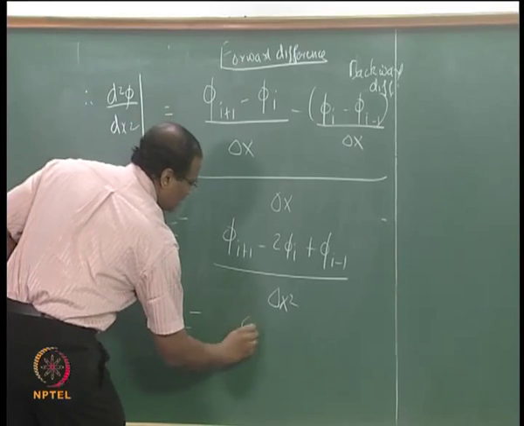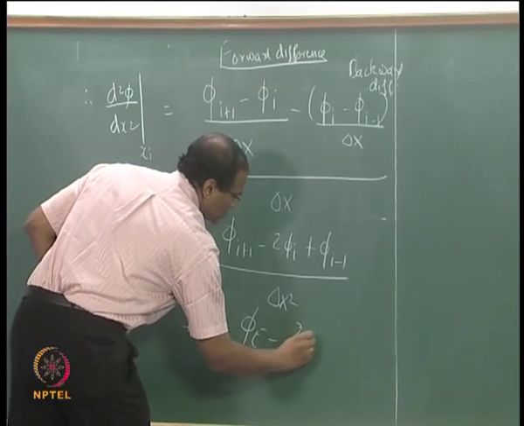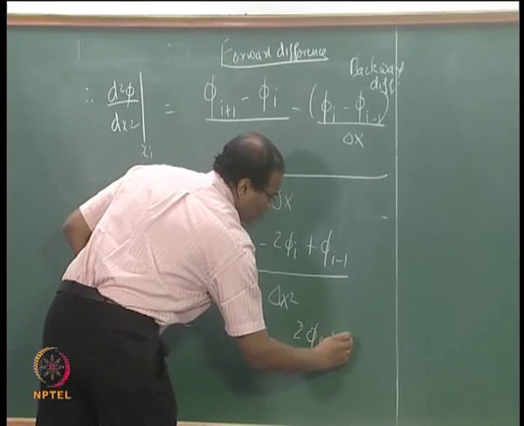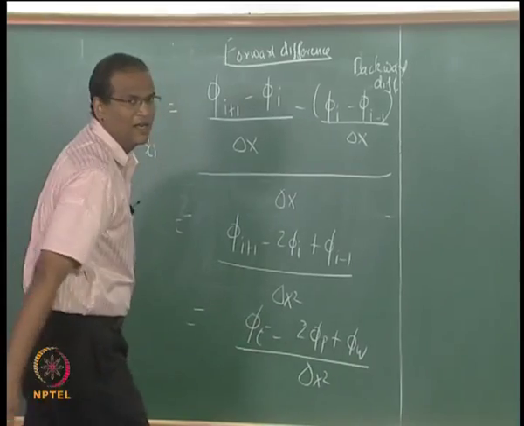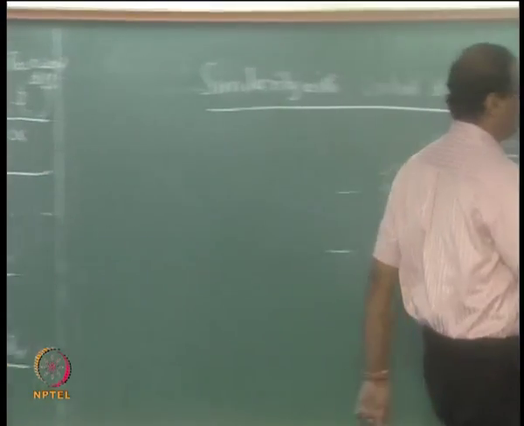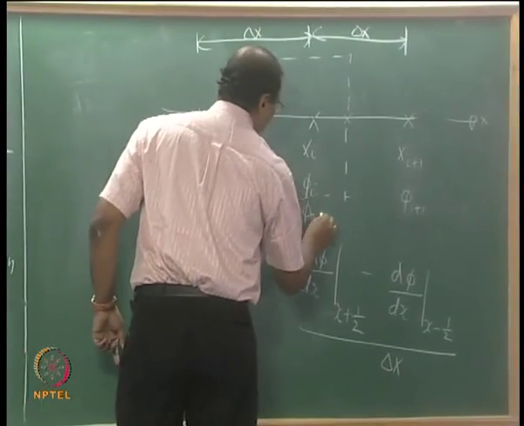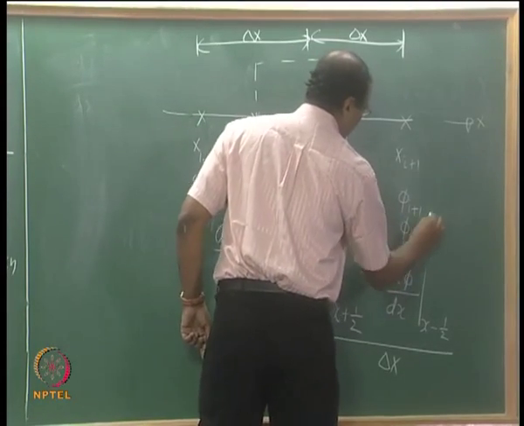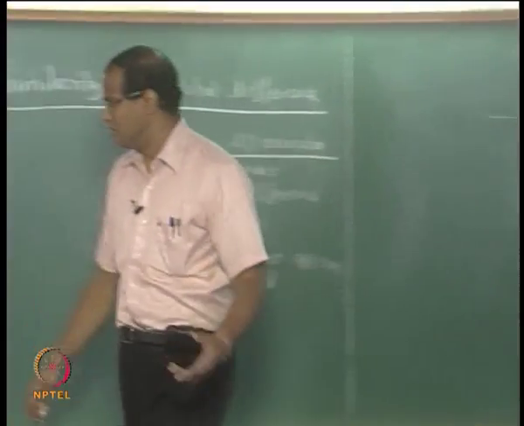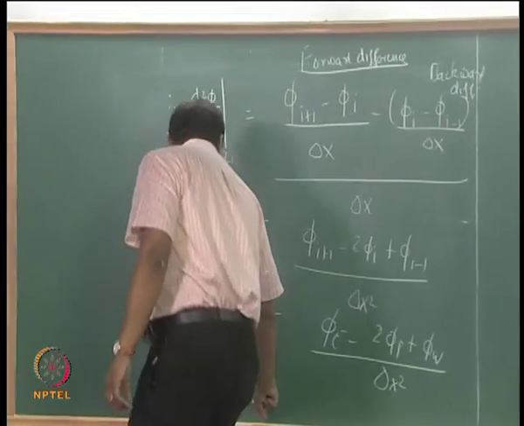We can also write it as phi east minus 2 times phi P, correct, where this is phi of P.